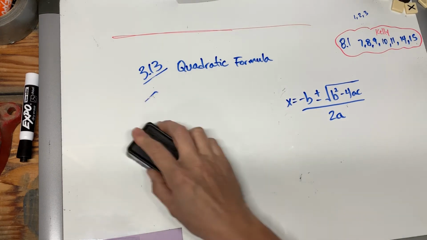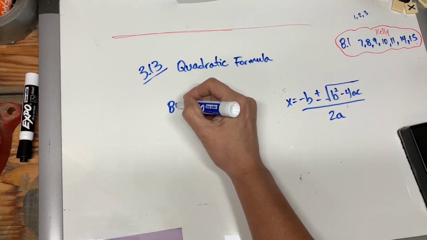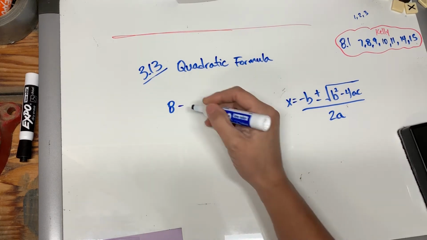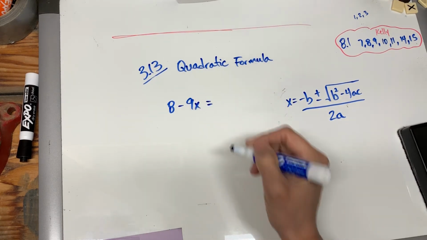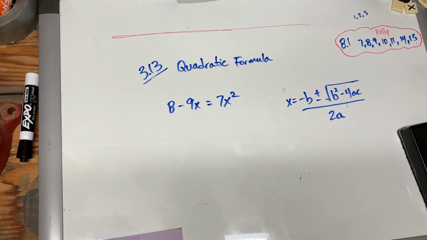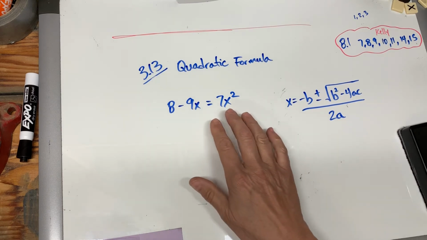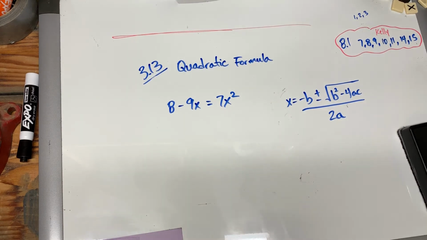Okay, let's look at question 3. Question 3 starts off, for mine, 8 minus 9x equals 7x squared. Now here's the thing. In order to do the quadratic formula, what we first need to do is get this in what we call standard form.